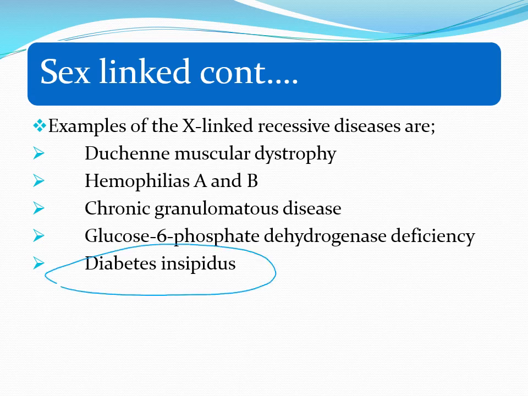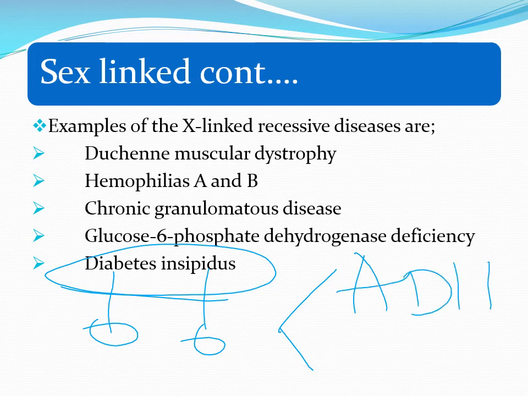Again, diabetes insipidus. Remember, diabetes means excessive urination. Insipidus means tasteless, while mellitus means sweet. In diabetes insipidus, we have excessive urination, which is tasteless. This occurs due to deficiency in antidiuretic hormone or insensitivity of the receptor of the kidney.